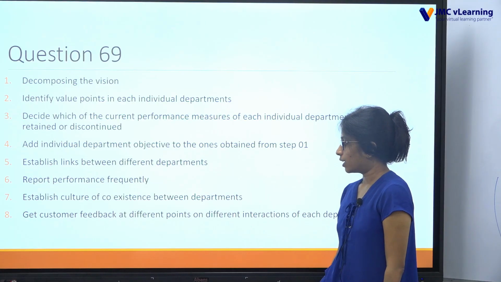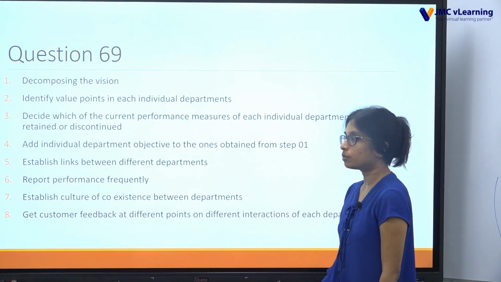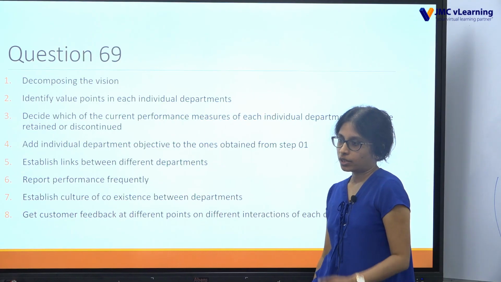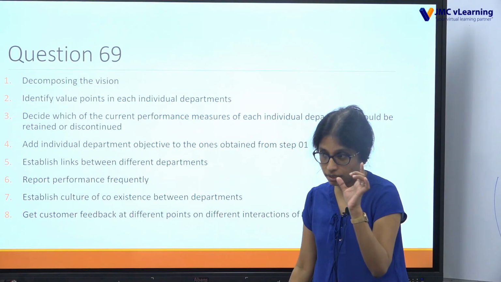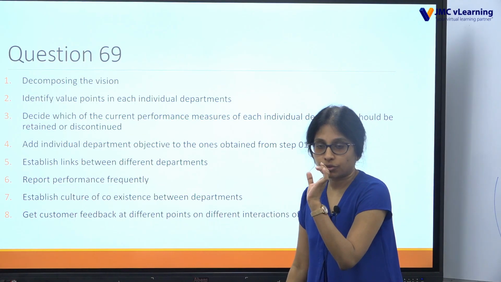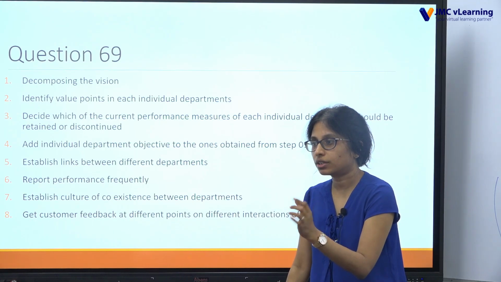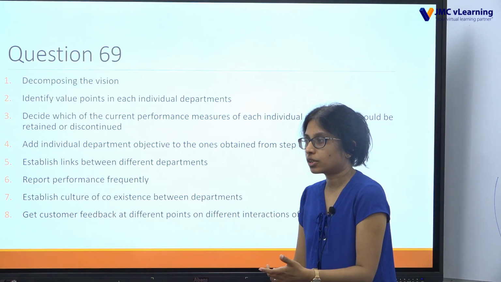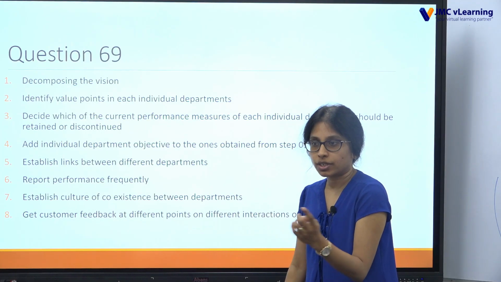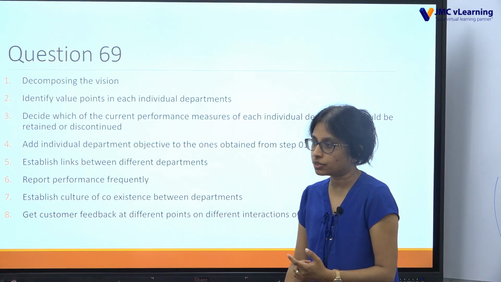Okay, right. Get customer feedback at different points on different interactions of each department. If the record shows that the customer has contacted the accounts department, you have to make sure to get feedback from the customer. After each and every call, let's say, send him a text message. How was your experience? That happens, no? Rate from 1 to 5. Because value addition is your strategy, no?